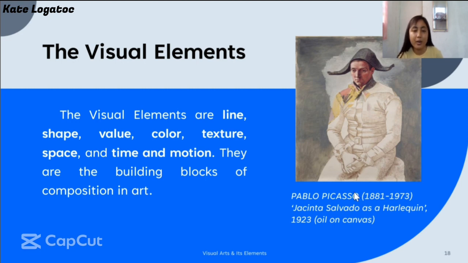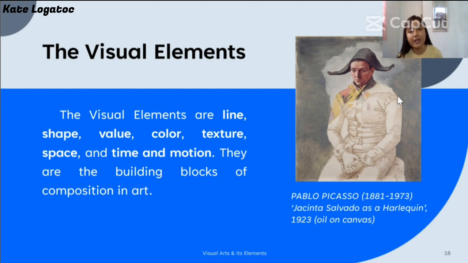So just take a look at this painting by Pablo Picasso, for example, which is entitled Jacinta Salvado as Harley Quinn. So as you can see, if you do not understand visual elements, you won't understand how come this side of the painting is with colors while this other one is just more in black and white.